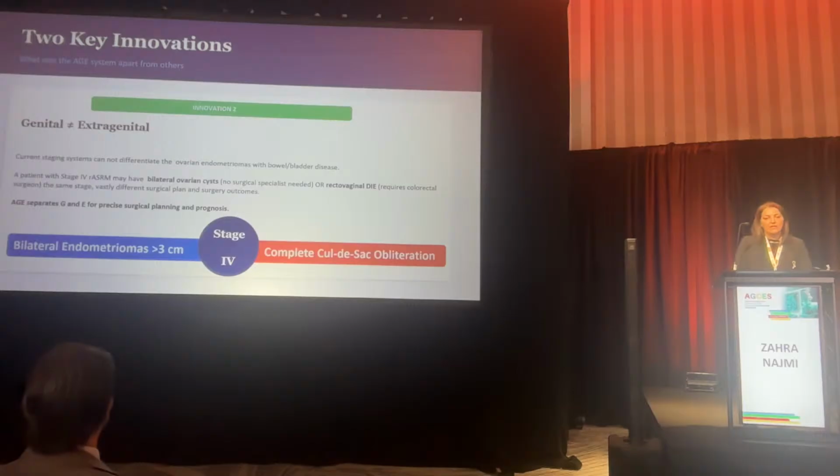The second key innovation is separating genital and extragenital endometriosis from the others. In the current staging systems, we cannot differentiate these two anatomical locations. For example, if you imagine a stage 4 of endometriosis in the ASRM staging system, bilateral ovarian cysts could be stage 4, and also rectovaginal DIE is stage 4.